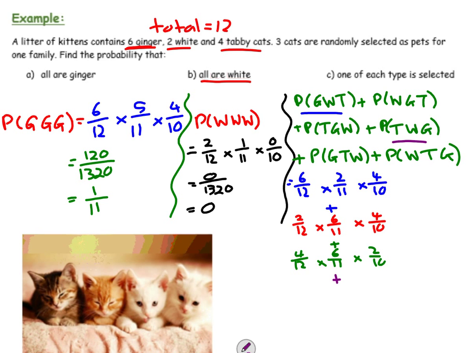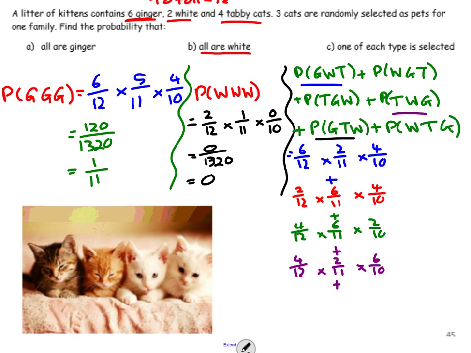the fourth combination, tabby, white, ginger, which is 4 out of 12 times 2 out of 11 times 6 out of 10, plus fifth combination, ginger, tabby, white, so that's 6 out of 12 times 4 out of 11 times 2 out of 10, plus the last combination, which is white, tabby, ginger, which is 2 out of 12 times 4 out of 11 times 6 out of 10.